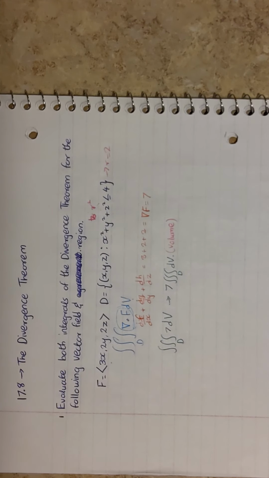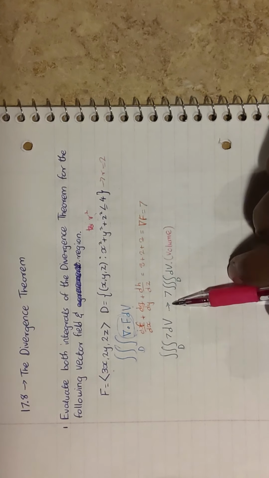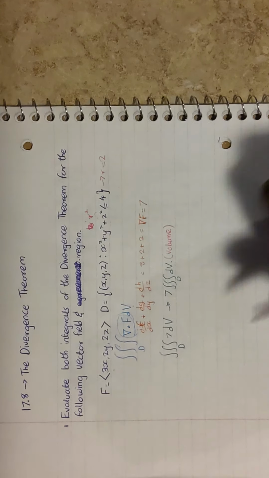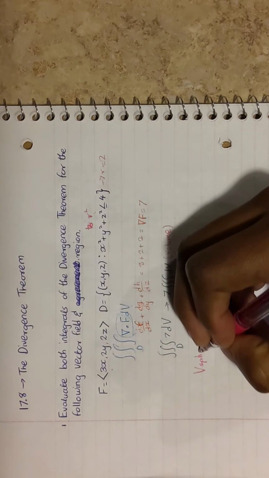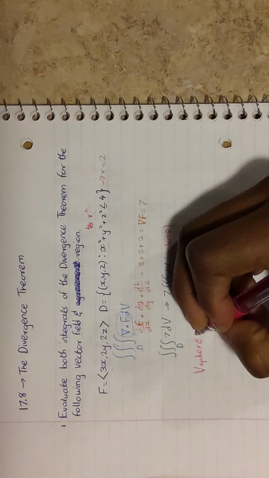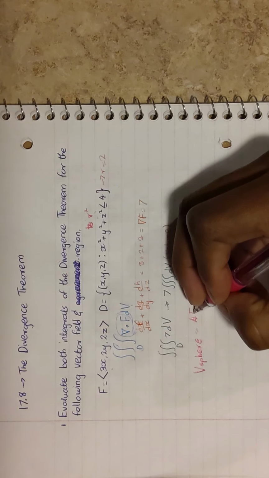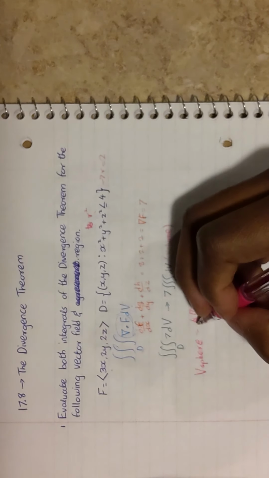So practically we're going to multiply the volume of the sphere with radius 2 by the constant integrand of 7. And we know that the volume of a sphere is equal to 4 pi r cubed over 3.